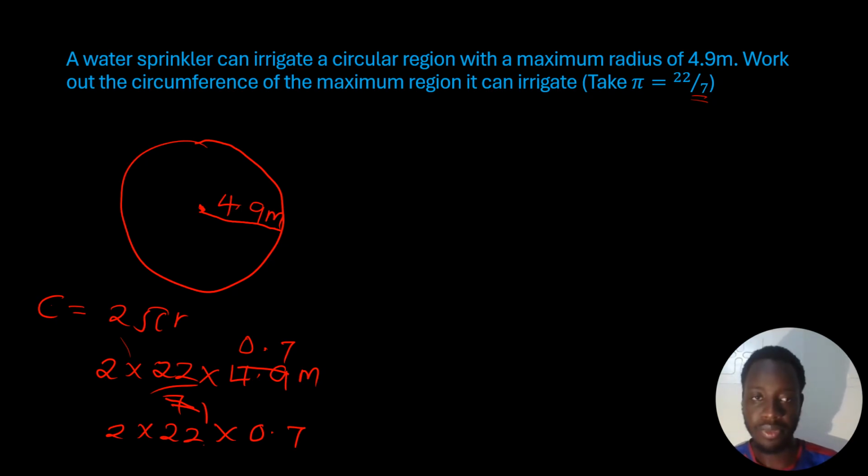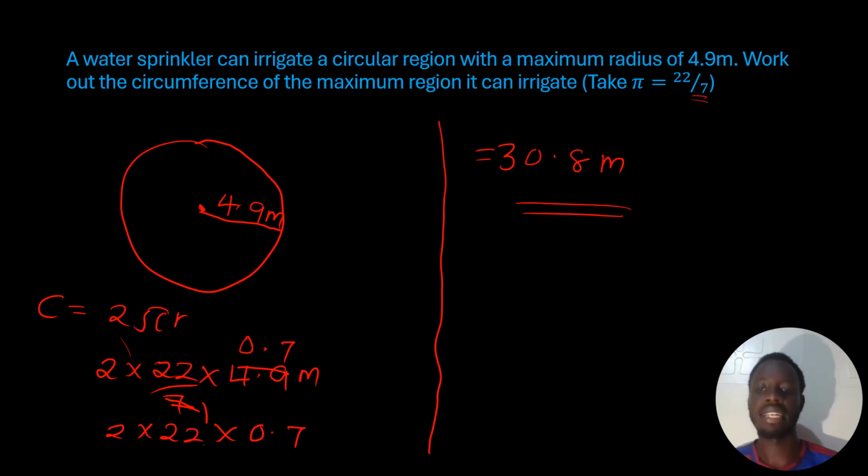So the circumference of the maximum region the sprinkler can irrigate is 30.8 meters. So this is our circumference. Okay, this is the maximum region the sprinkler can irrigate. Let's move to our next example.